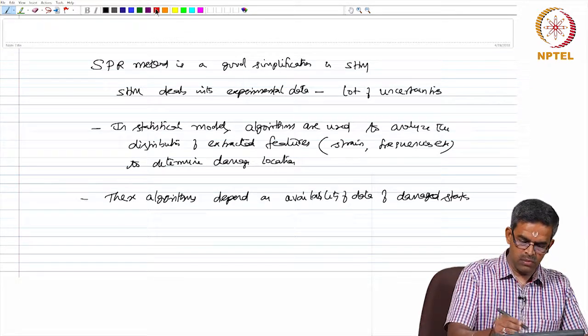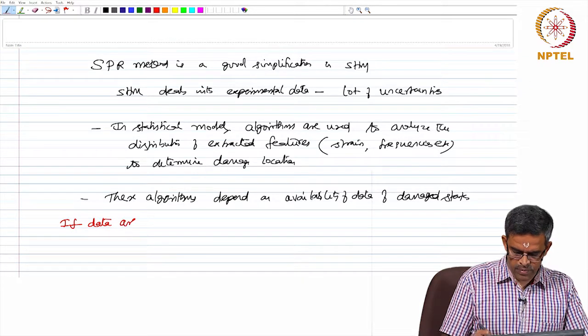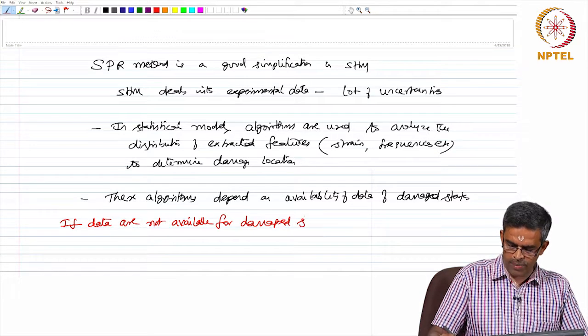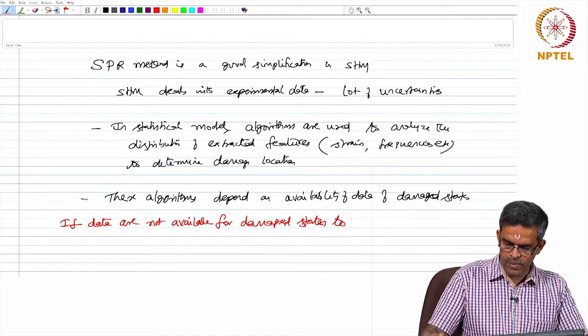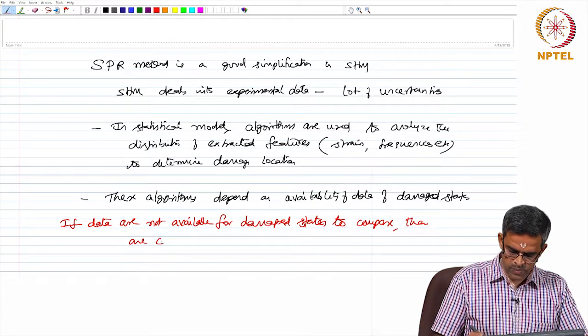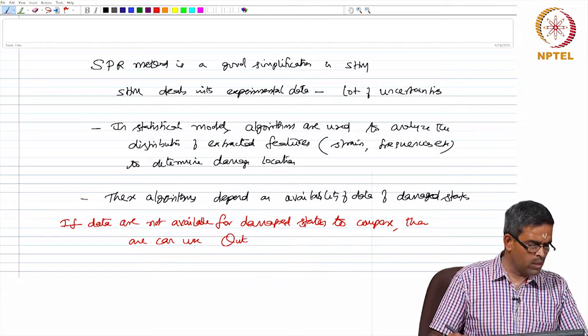Now, if the damage states are not available to compare, then one can use outlier analysis.